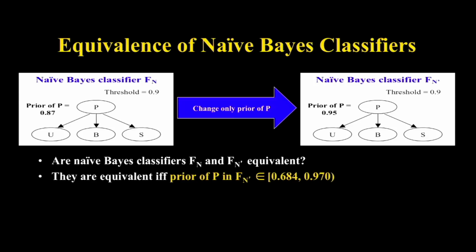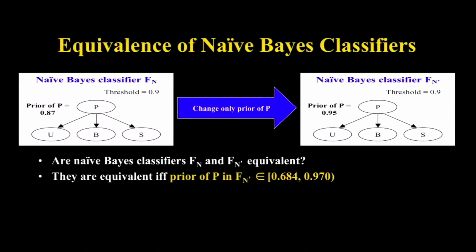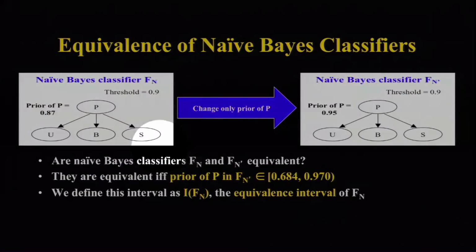What we're going to do is define for this classifier what we call the equivalence interval of this class variable. And for this one, it happens to be this, as you will see. As long as the prior is here, then this classifier is the same. So we will say they're equivalent if the prior of this one belongs to that interval. And we're going to call this interval this.